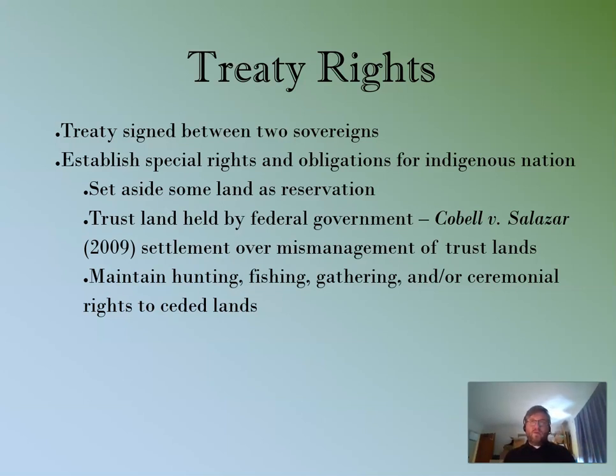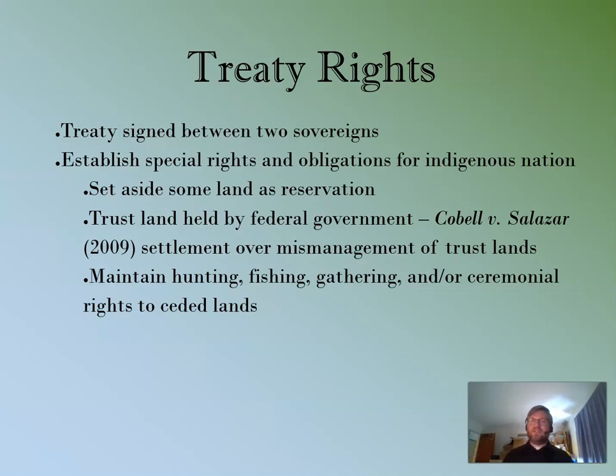Treaties also could put large amounts of land into trust held by the federal government. So the idea here is that the assumption was that indigenous communities weren't capable of managing all of their land on their own, that they didn't have the expertise, they didn't have the capital, they didn't have the pure numbers of people after long periods of dealing with disease and war and so forth.